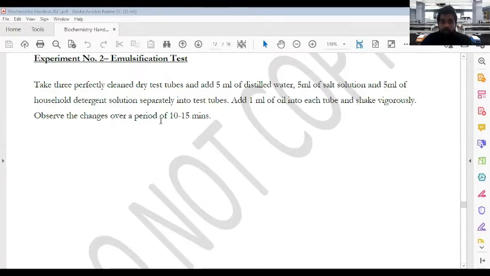Observe the changes over a period of 10 to 15 minutes. We will see the practical protocol and discuss it deeply. I think this is very interesting and important, so we will discuss that later. Please watch the video carefully.